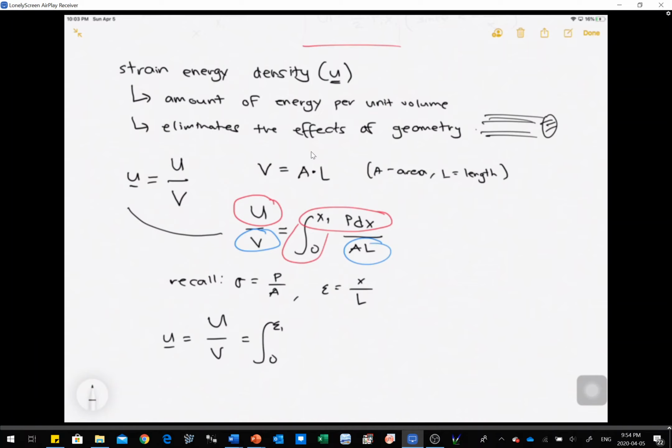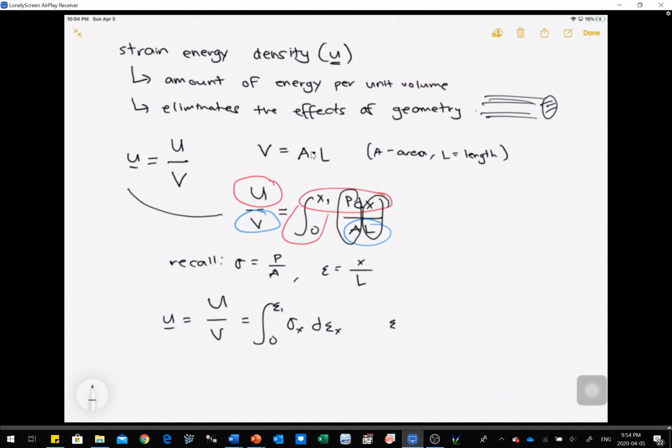This P divided by A, we can now simplify into sigma x, let's say, applied along the x-axis. And then we have dx over L, the strain in the x-axis. Your epsilon sub 1 is your elongation strain. Now that would be the equation for our strain energy density.